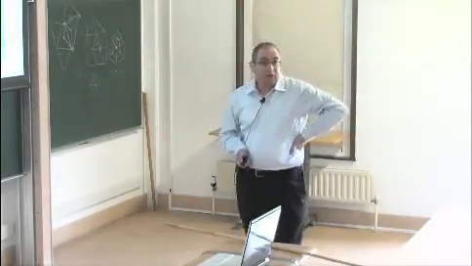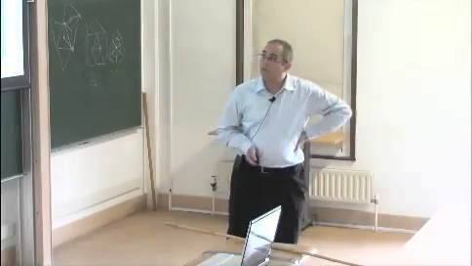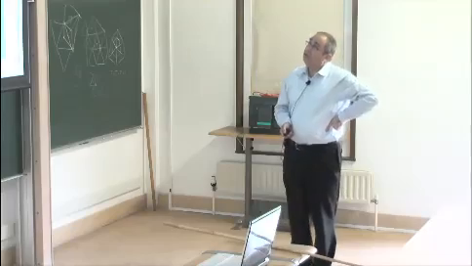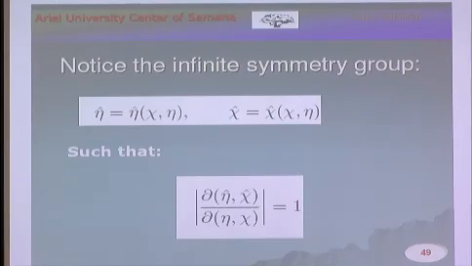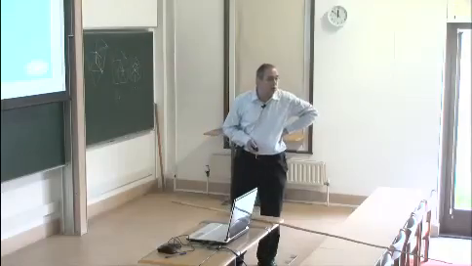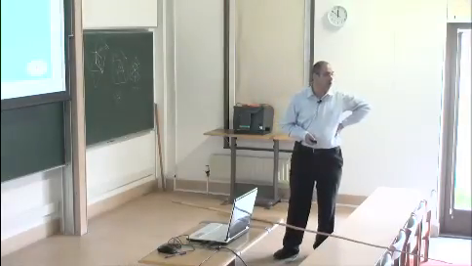Now, let's look at the symmetry structure of this Lagrangian. Notice that chi and eta are not defined uniquely. So I can have a new chi hat and eta hat, such that the Jacobian is 1, and then you get a symmetry group of the theory, because the Lagrangian does not change under this transformation.